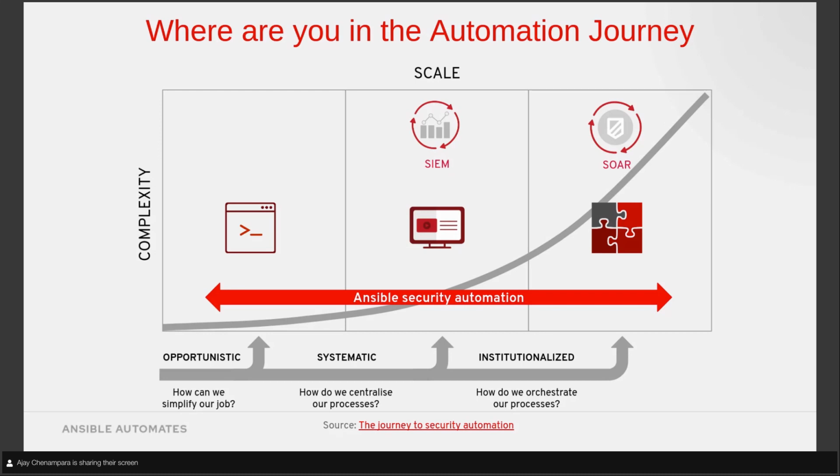And finally, if you're in an advanced stage as an organization with respect to your security maturity, you can still take advantage of Ansible through tools like Resilient, which has native integration with Ansible that allows you to orchestrate your entire organization's processes by calling the appropriate workflow or calling the appropriate API.